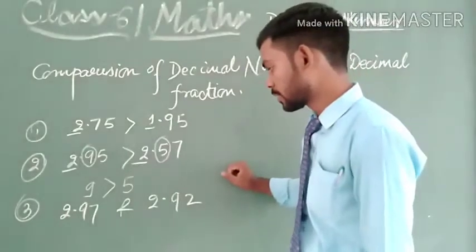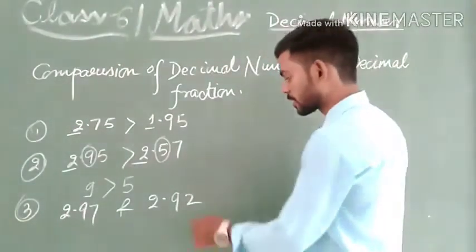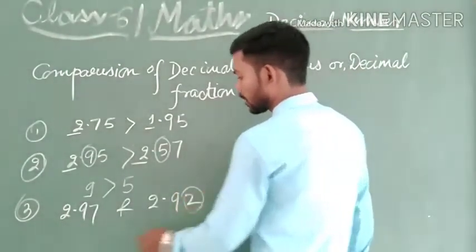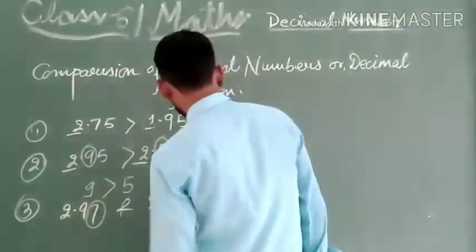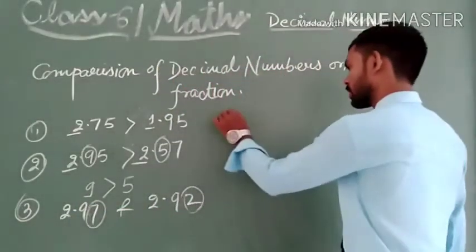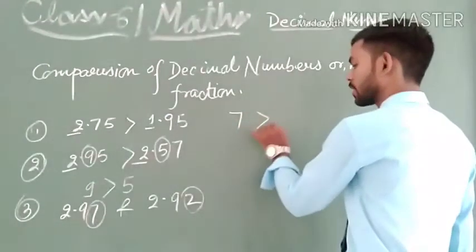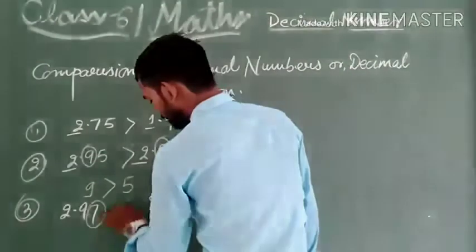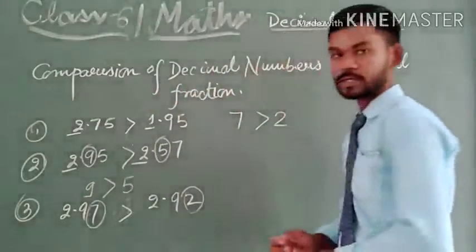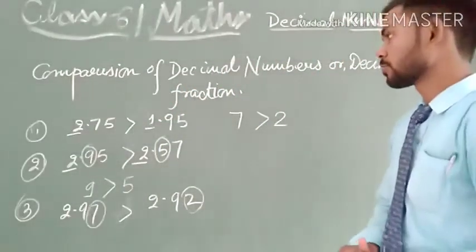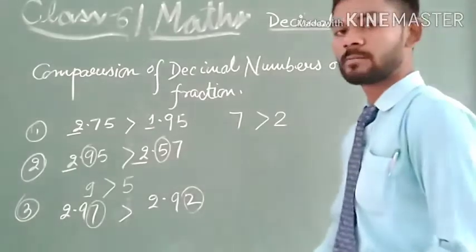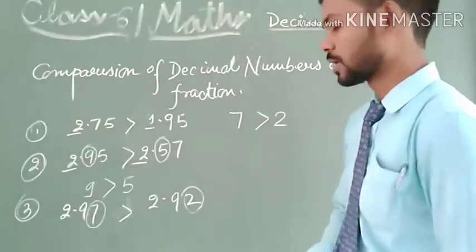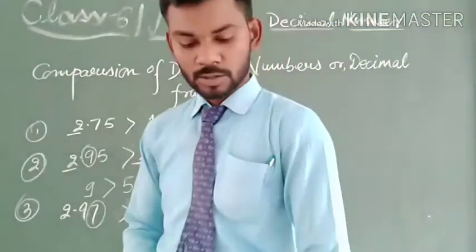So we observe the digits at the hundredth place after the decimal, and here we get 7, which is greater than 2. So we say that 2.97 is greater than 2.92. This is the comparison of decimal numbers or decimal fractions, and I hope it is clear.